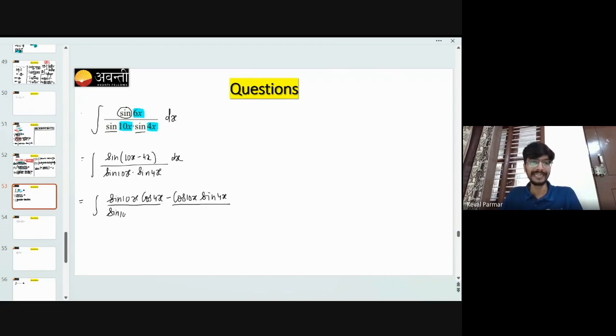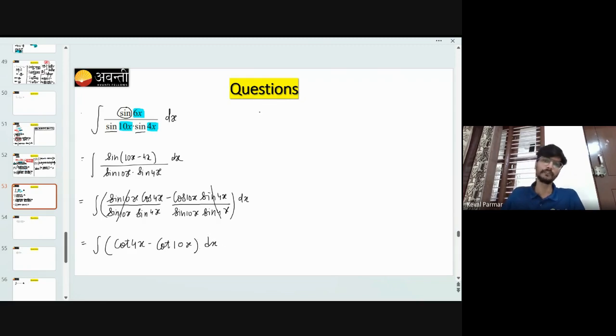So sin 10x into sin 4x, the whole dx. Here sin and sin will get cancelled. So we'll be left with integration of cot 4x minus cot 10x dx. And integration of cot, again very simple.